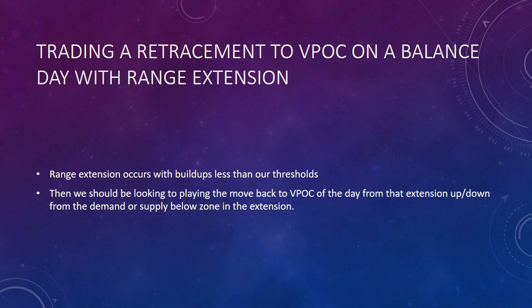So that becomes your entry point for a long trade, and your target would be the VPOC of that particular day, right? So that's one way to trade these extensions which are occurring without much big build-ups. In the same way you should trade an extension to the upside with not so great volumes, right?